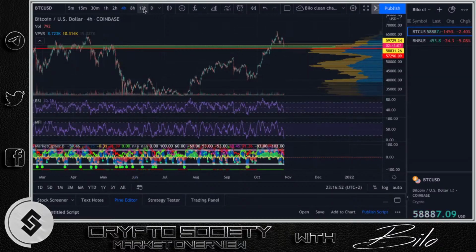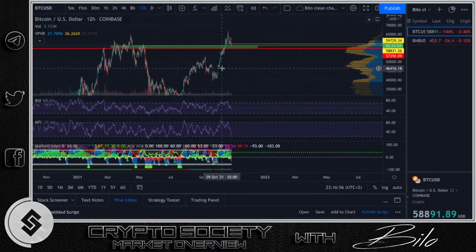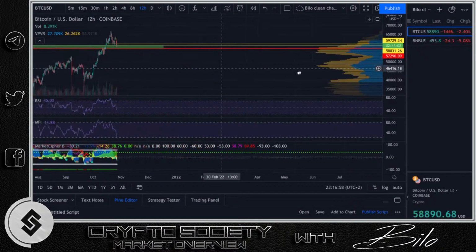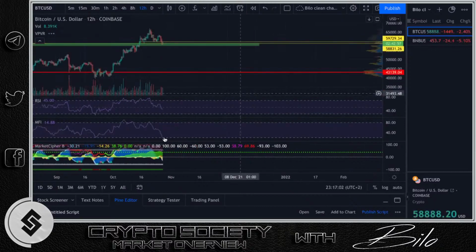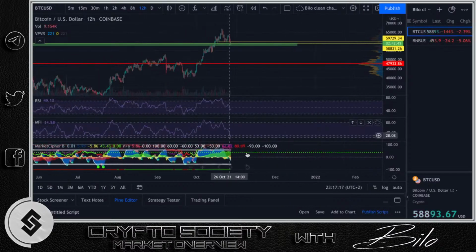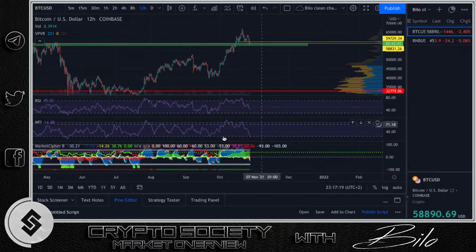If I was to look at a 12 hour chart to see if there's any difference, looking for clues here, right, guys? We don't have all the answers, so we look for clues. Nothing, aside from this, again, it's so low. Money flow is so low that I'm inclined to say this is going to bounce, because always look back at the history, and I'm on the 12 hour right now.